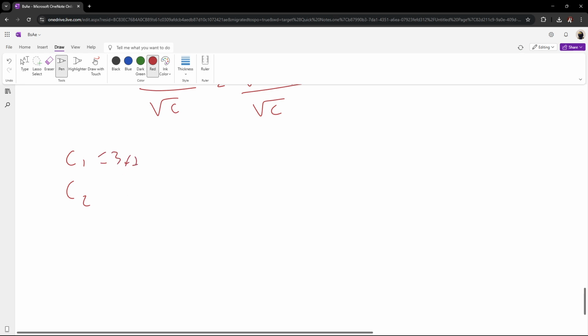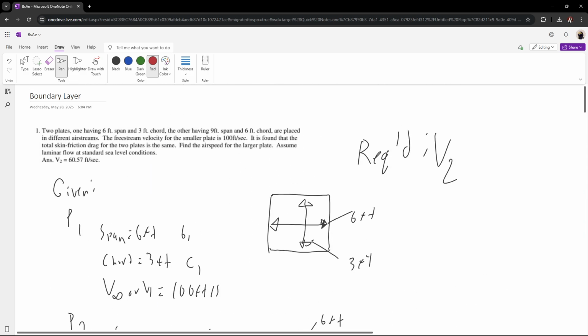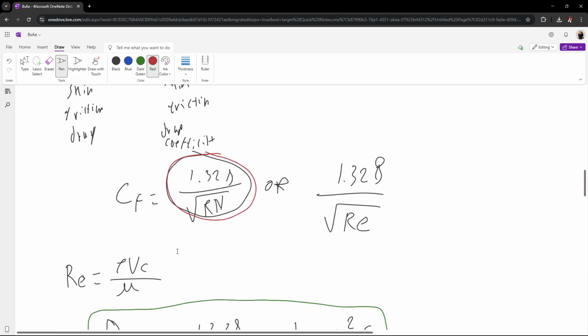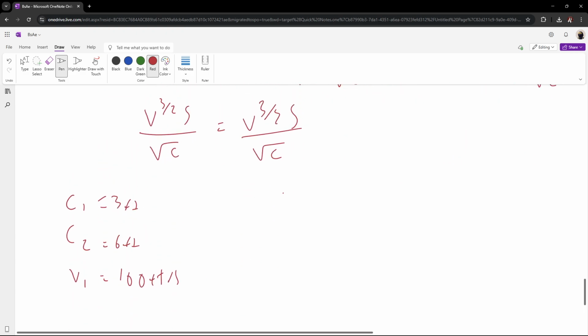And we have V1, which I'm pretty sure was 100 foot per second. Let me check. 100 foot per second, okay. Good.